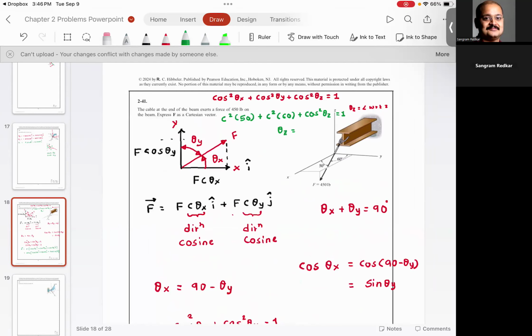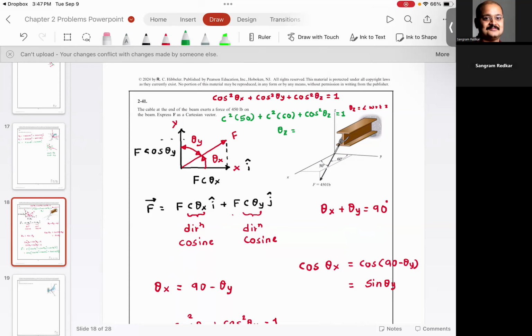I want you to look at this problem one more time and make sure you understand the concept. In this problem, it's a three-dimensional force system. The force is not aligned with x, y, or z. It is at some angles, theta x, theta y, theta z.